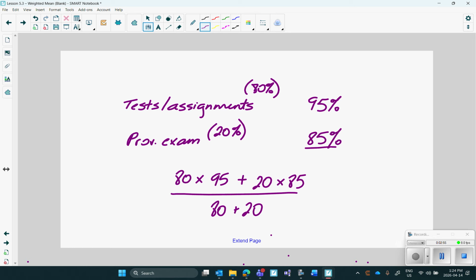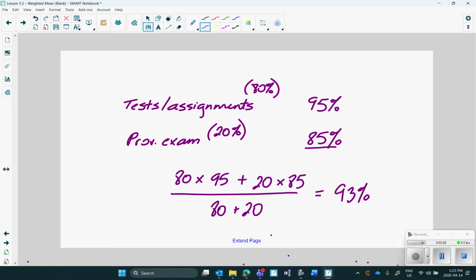Don't worry, I'll write this down later. So if we were to do this, we would get 80 times 95, and we add that to 1700. And we divide that by 100. And it turns out your mark for the course would be 93%.